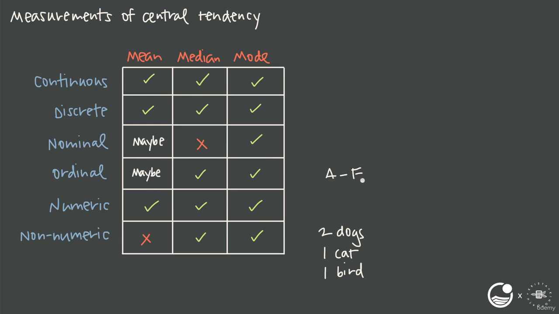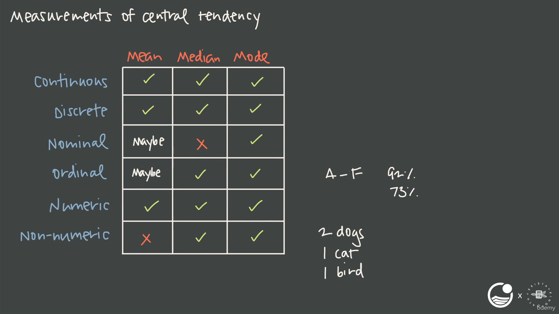If instead of letter grades, we're being given percentage grades, for instance, students have grades like 92% in the class or 73% in the class, now we have numeric data and we could calculate a mean. But if all we have is letter grades A through F, B plus and C minus, etc., we can order that, but it's not numeric, so we can't calculate a mean.